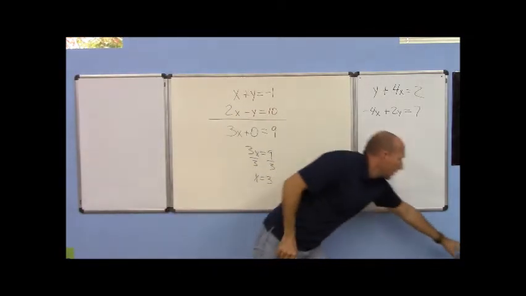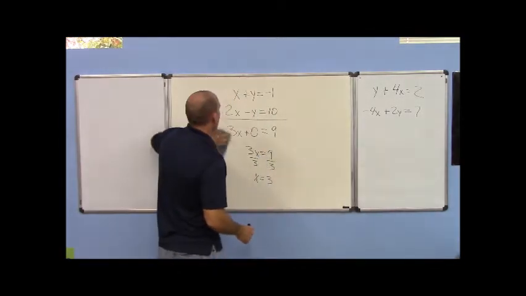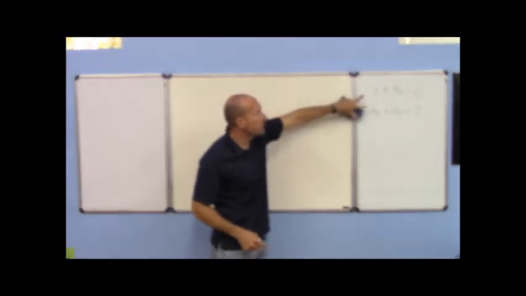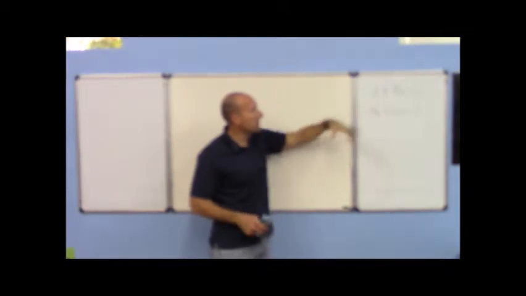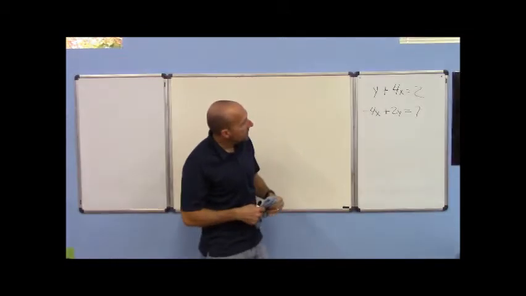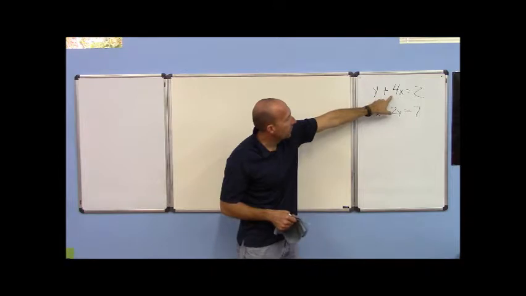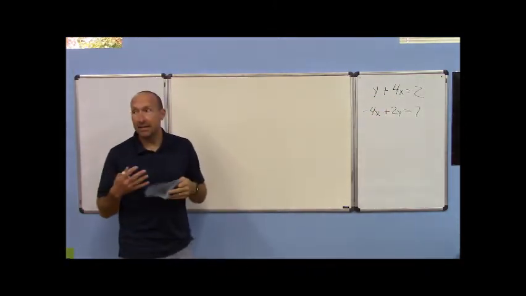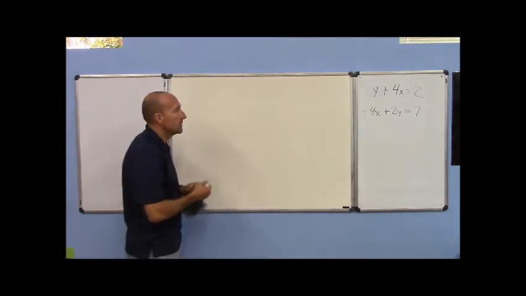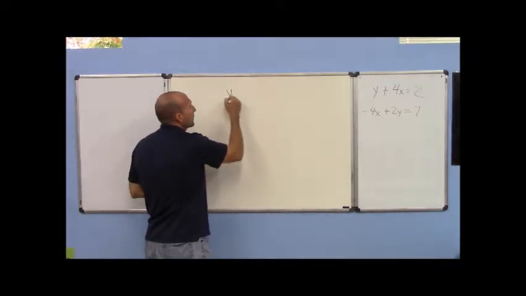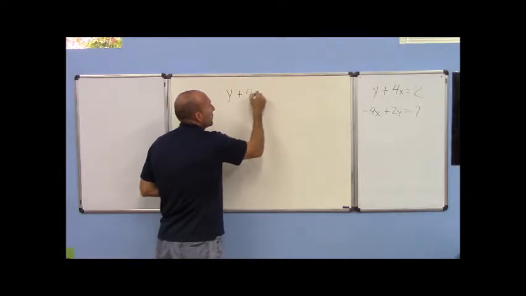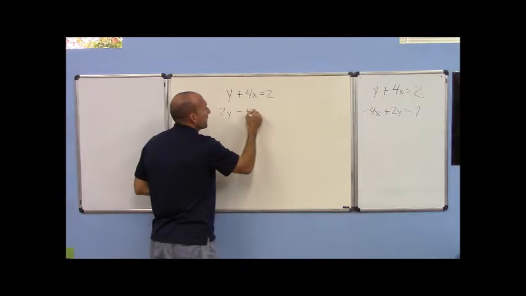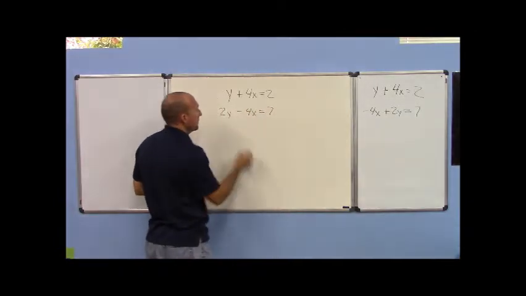Looking at this, we want to align these up, and already if we were given these two, we could graph it, we could substitute, but then we can look at this and say, you know what, I have a positive 4x in one and a negative 4x in the other. That can be eliminated. I can get rid of those x's if I use addition. Let me line them up correctly. y plus 4x equals 2. 2y minus 4x equals 7.